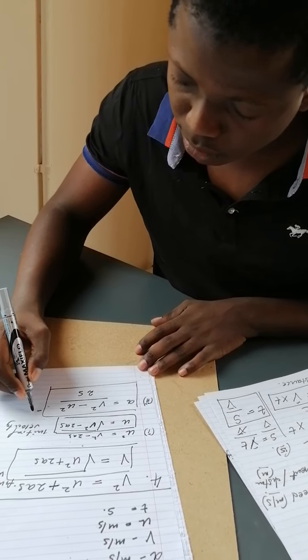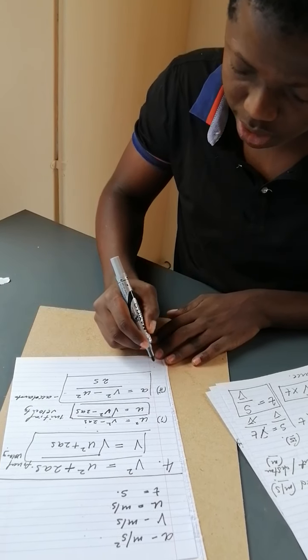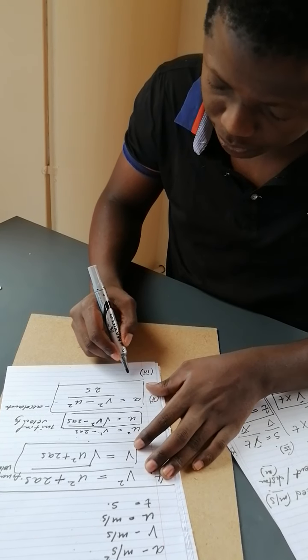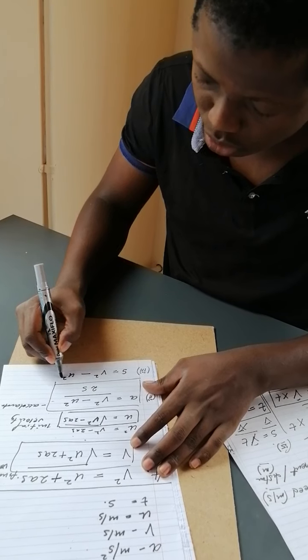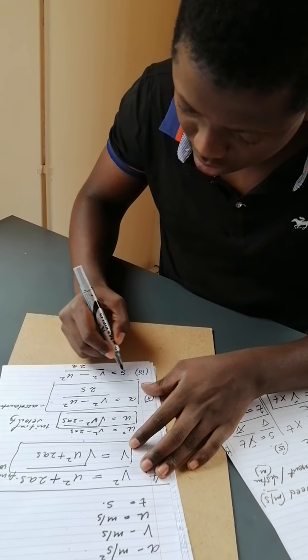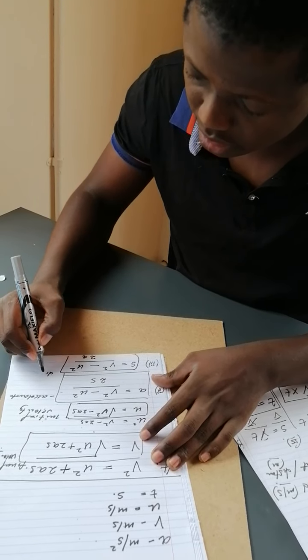So this one will be used to calculate acceleration, okay? While the last sub-equation will be S is equals to V squared minus U squared over 2A, okay? This is when we are calculating what? We are calculating displacement.